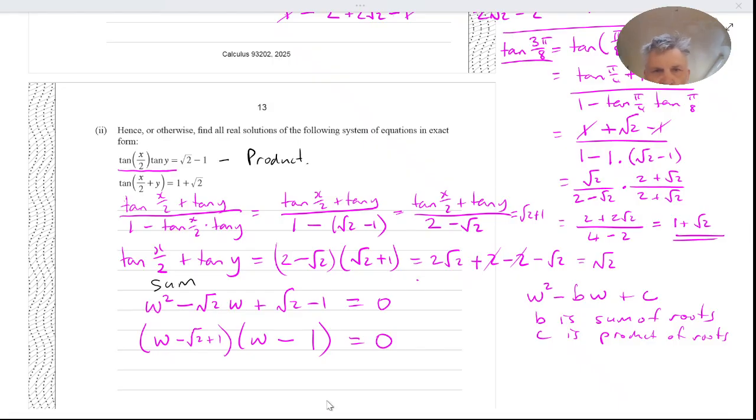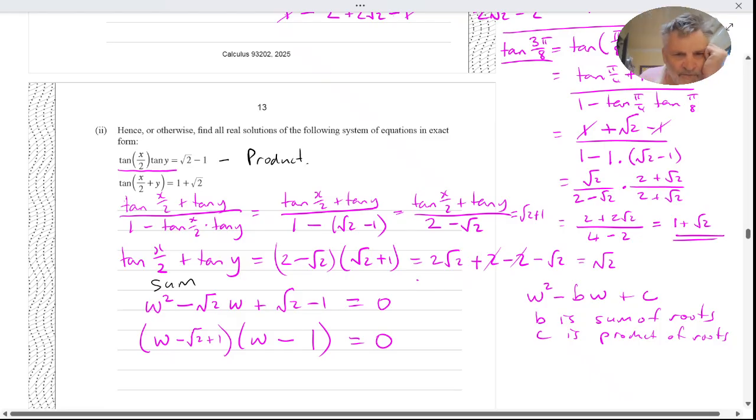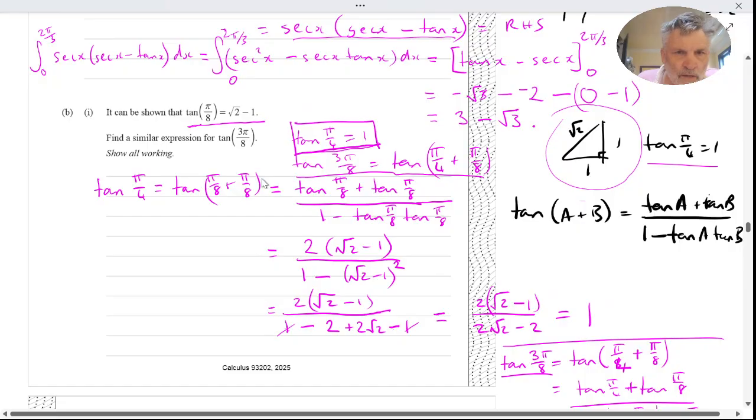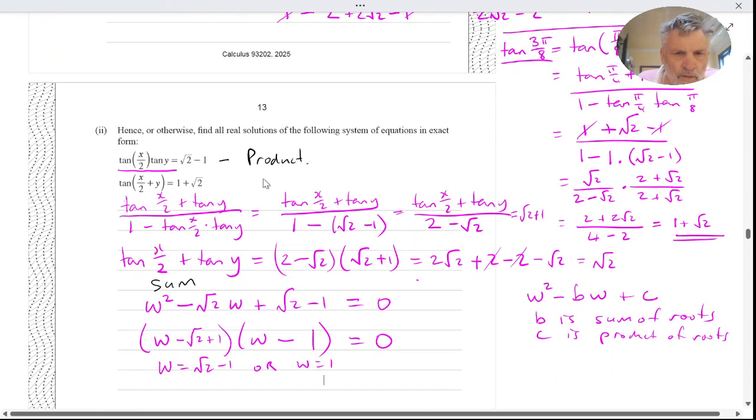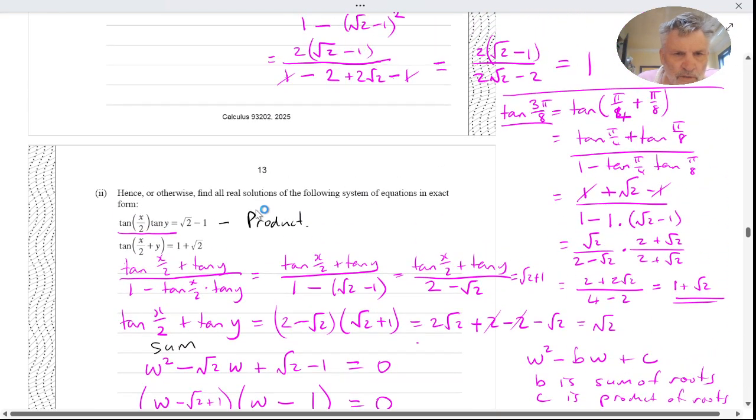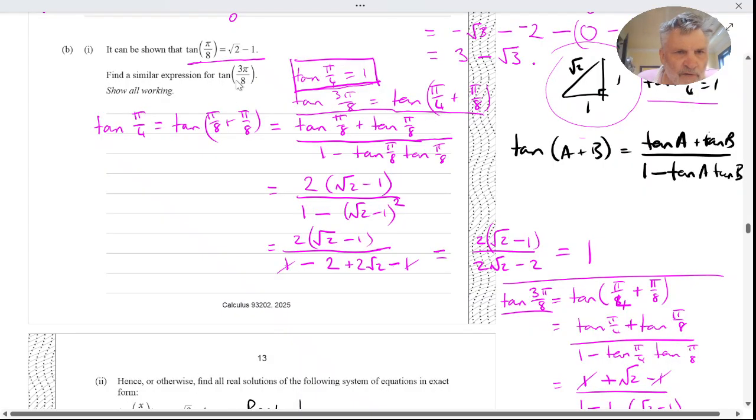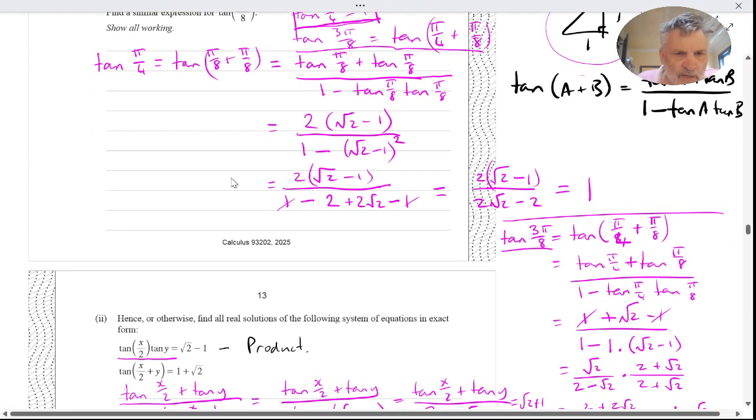I just moved everything, so you won't be able to see me, so I need to move back. And this says that w equals root 2 minus 1, or w equals 1. I haven't actually used the thing that we had to find in the first part, so it says hence.